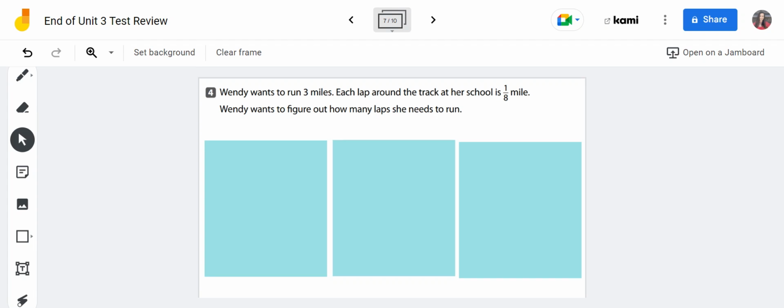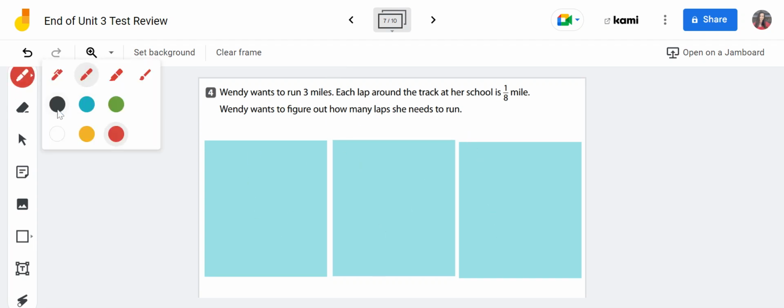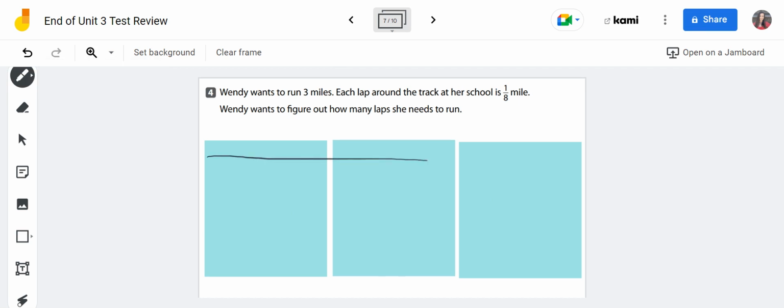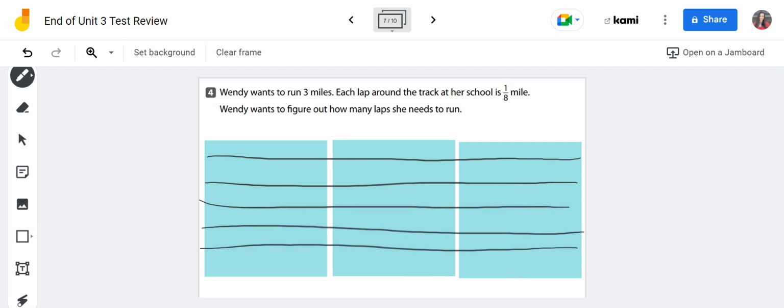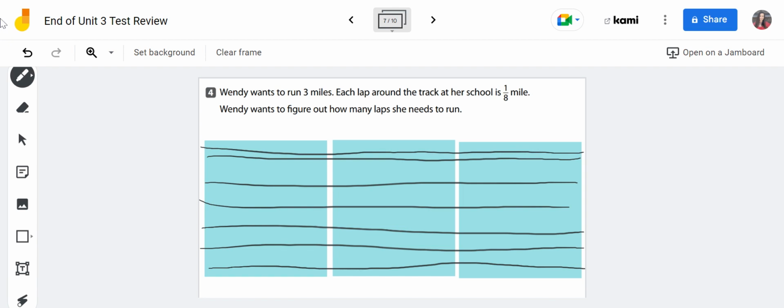I also know that if I think about this as 1, 2, 3 miles, and I split each of them into eighths, 1, 2, 3, 4, 5, 6, need one more, 7. Let's look. 1, 2, 3, 4, 5, 6, 7, 8. I also notice here would be 8.